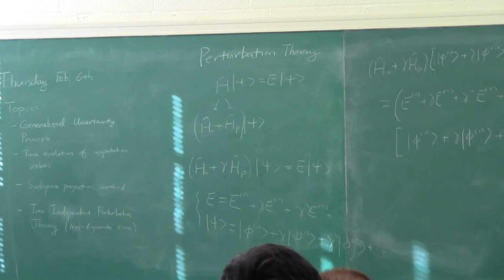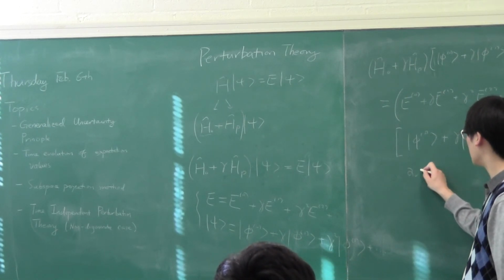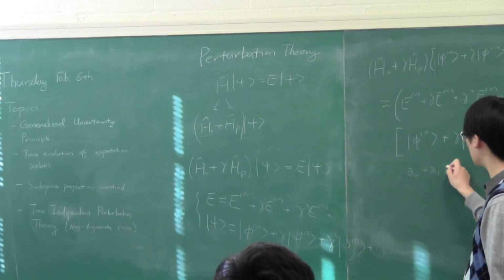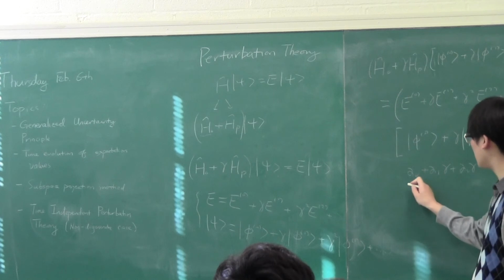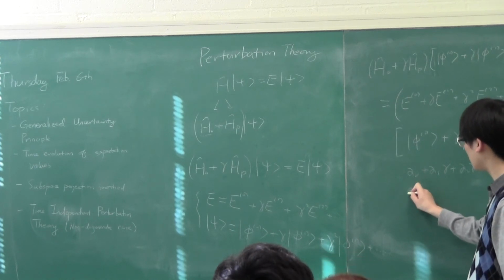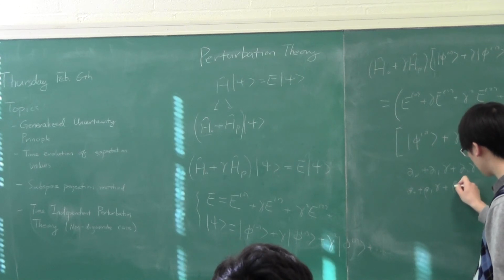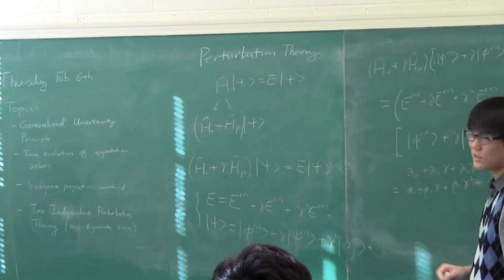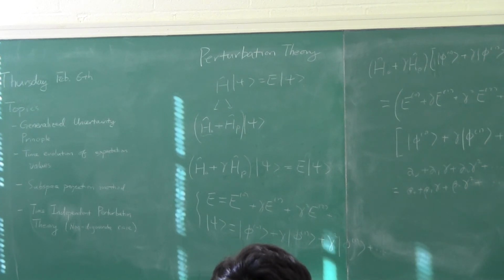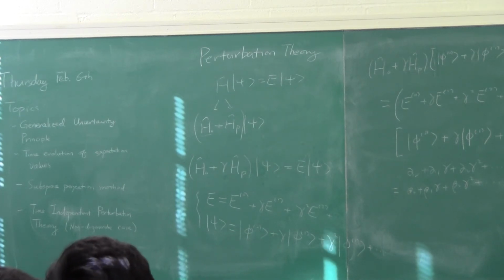If I have two series expansions, alpha 0 plus alpha 1 gamma plus alpha 2 gamma squared, etc., and then I have beta 0 plus, and I said they're equal for an arbitrary gamma, what does that mean? They're equal term by term.